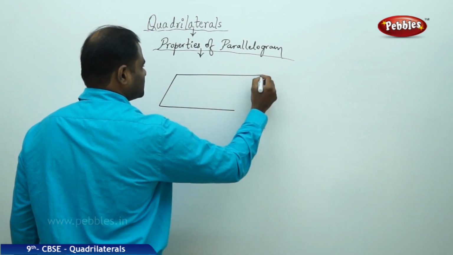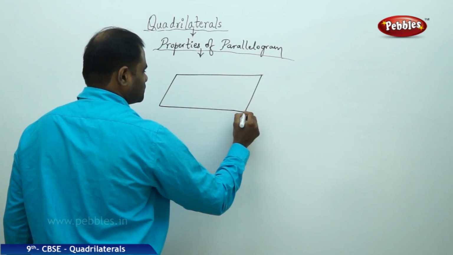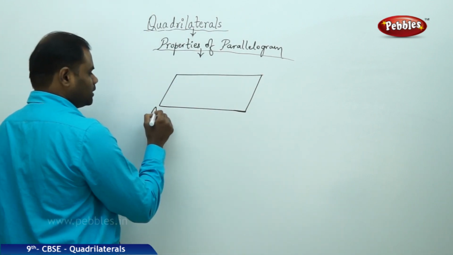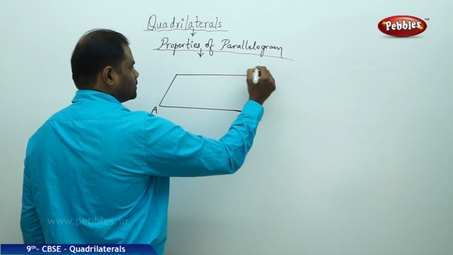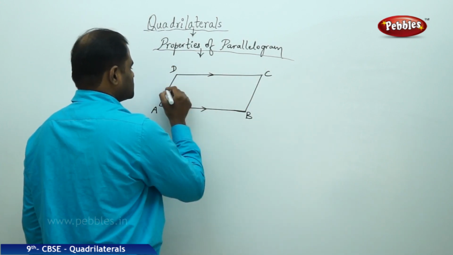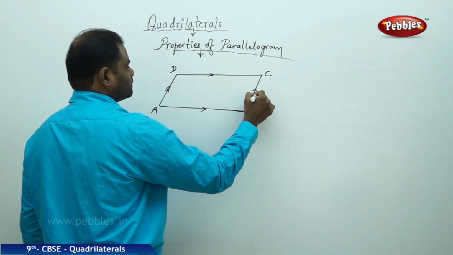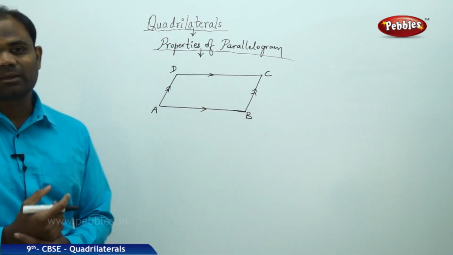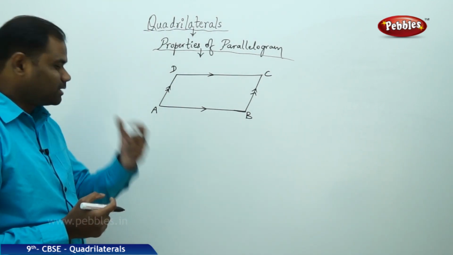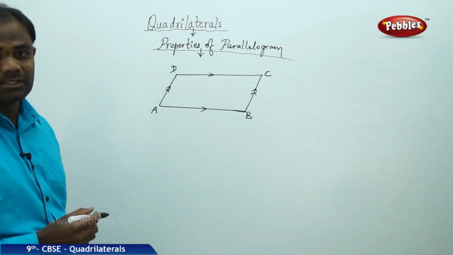We know that this is the shape of a parallelogram ABCD, in which opposite sides are parallel. Now, the property which connects the parallelogram is with the diagonal.